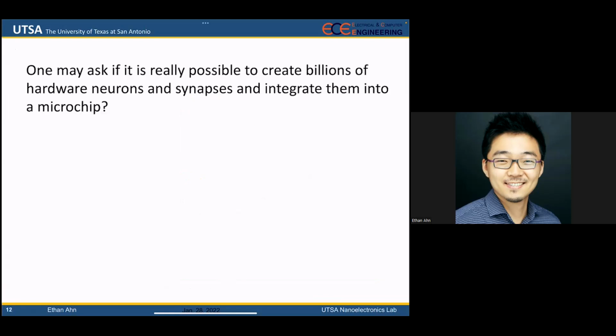If you hear this, you may ask, is it really possible to create billions of hardware neurons and synapses? It's not one or two or 100,000. We need to make billions of them ultimately, and also integrate them into a microchip.